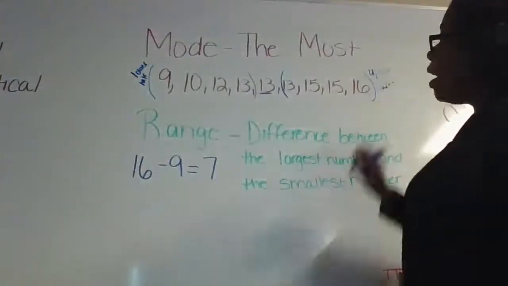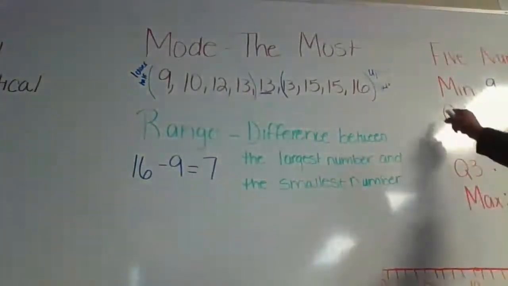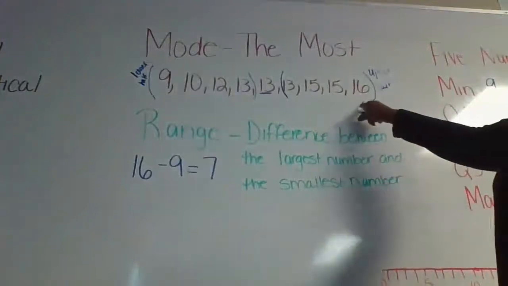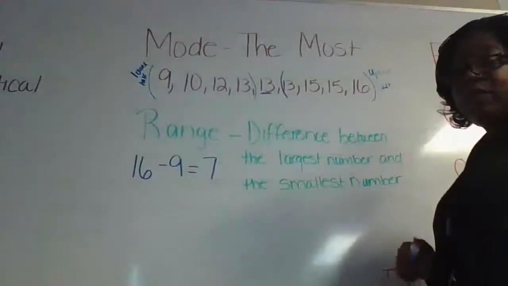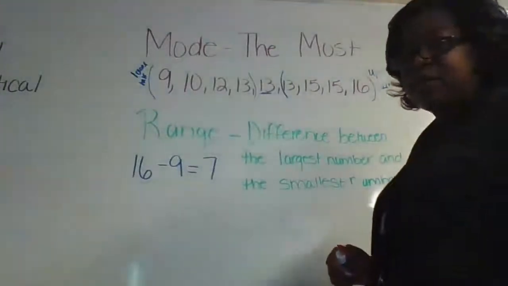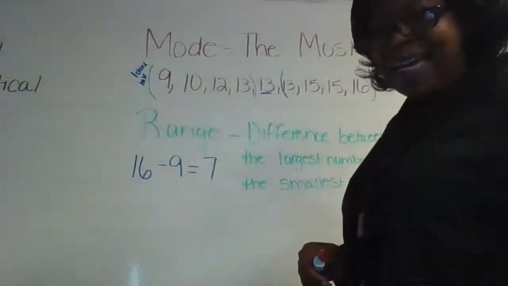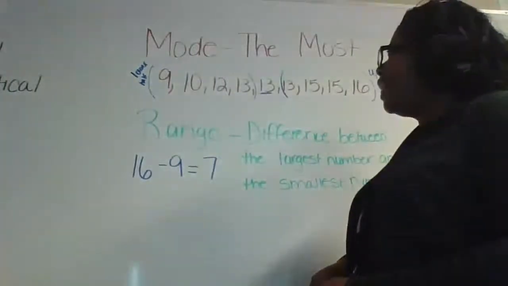We use the lower half to find quartile 1, and we use the upper half to find quartile 3. And the way that we find these quartiles is, you got it, finding the median again.